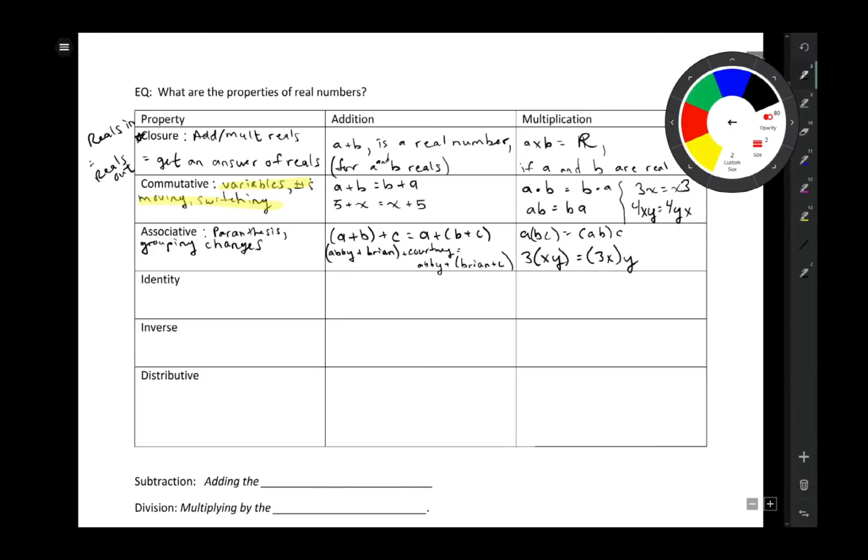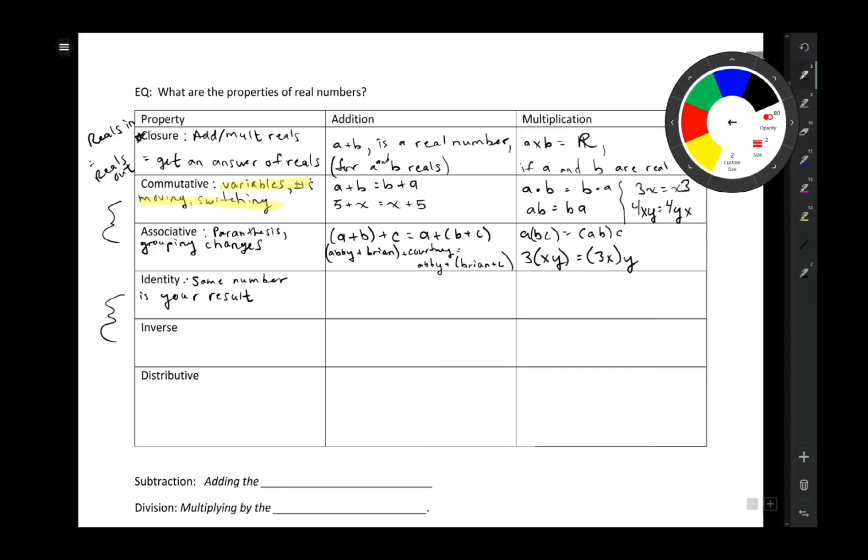Same thing. Now, those two get confused a lot, so be careful. And these two get confused a lot: identity and inverse. Identity basically means you get the same exact number as a result. So the same number is your result.